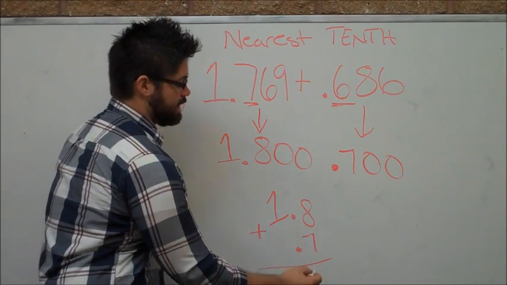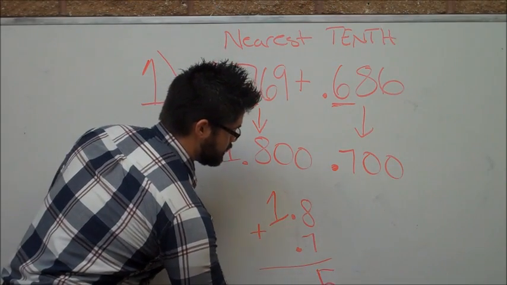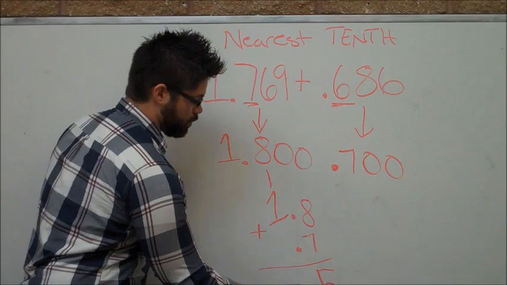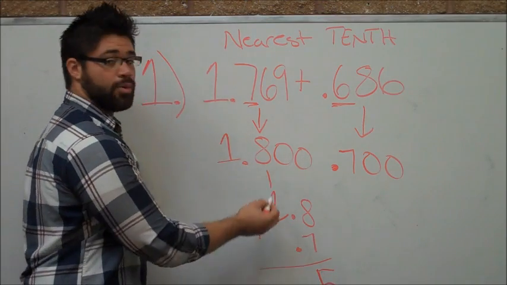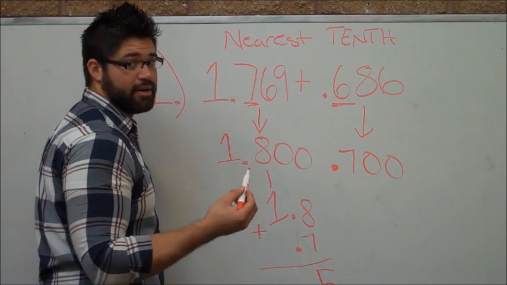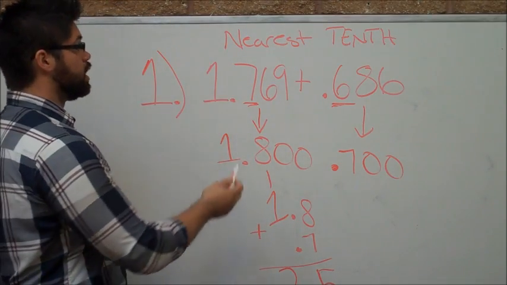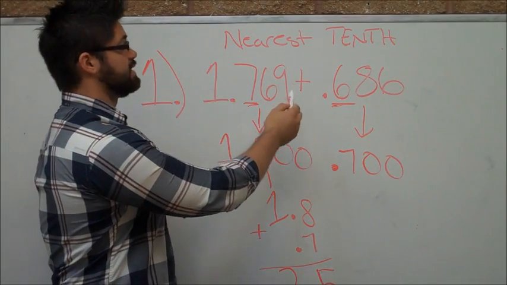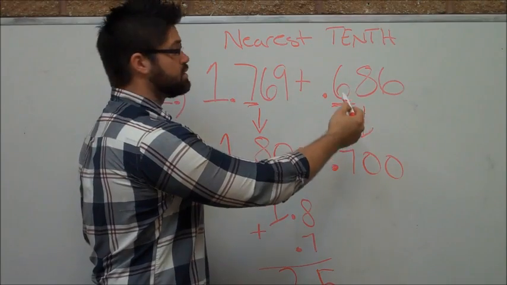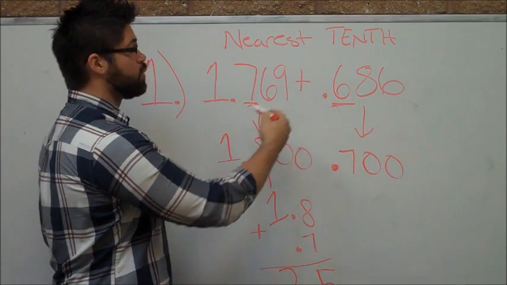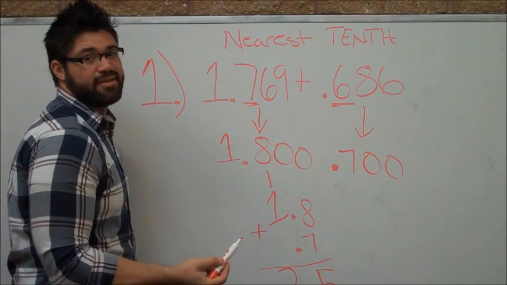So 8 plus 7 is 15. I'm going to carry my 1. I'm going to bring down my decimal. And 1 plus 1, problem of the day right here, is 2. So 1 and 769 thousandths plus 6 and 686 thousandths rounded to the nearest tenth is just 2.5.